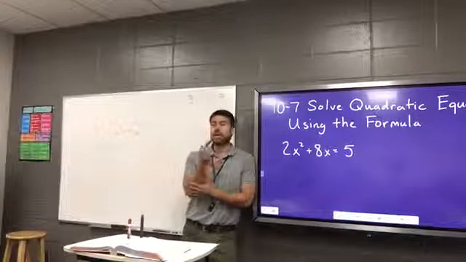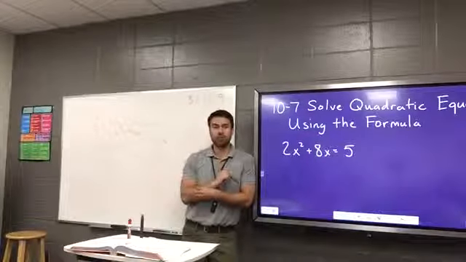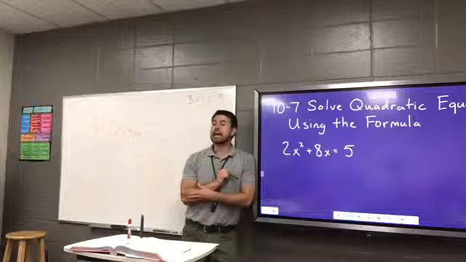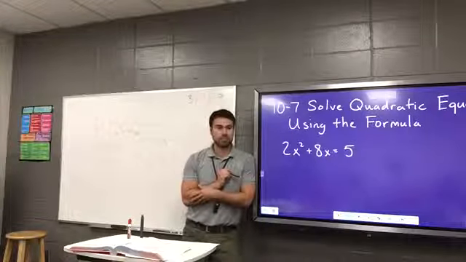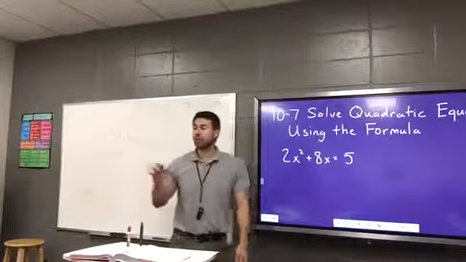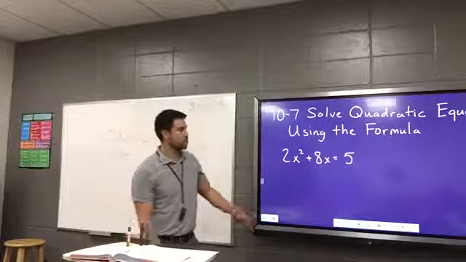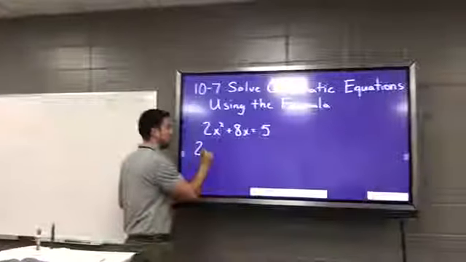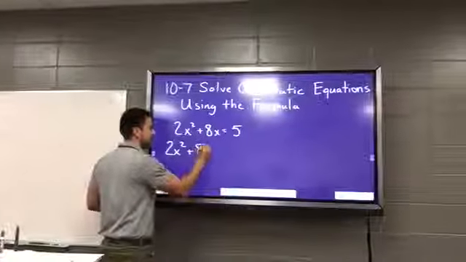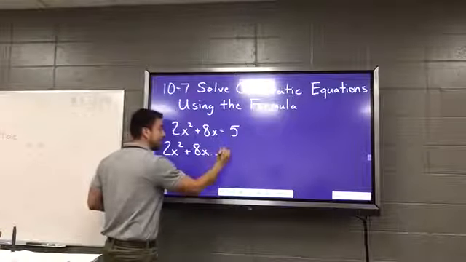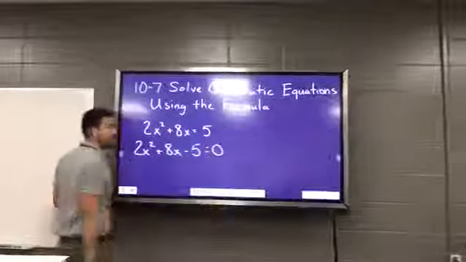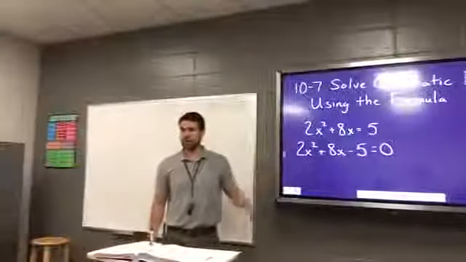Let's keep going here. Is this in standard form? No. Get it into standard form. That's your first step, just like it was last night. So 2x squared plus 8x minus 5 equals 0. That's standard form because you subtracted 5 from both sides.